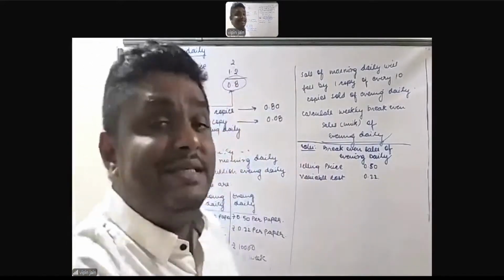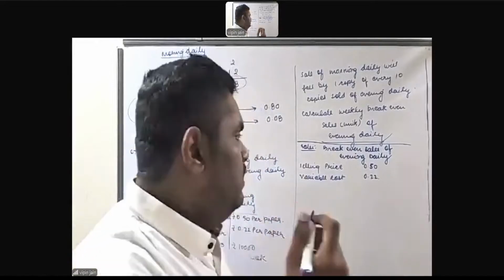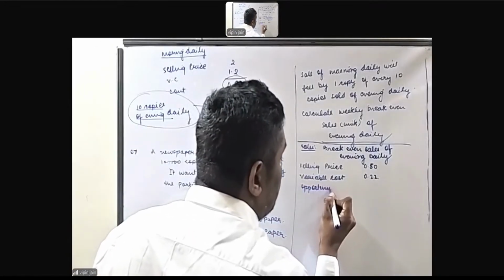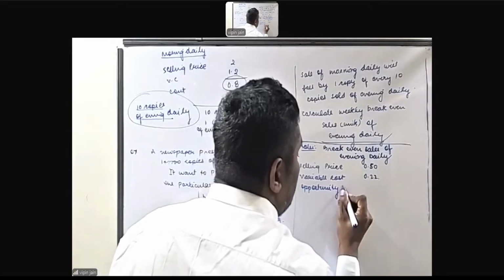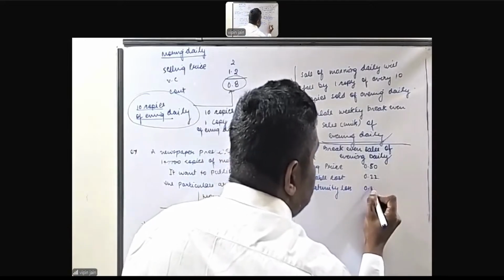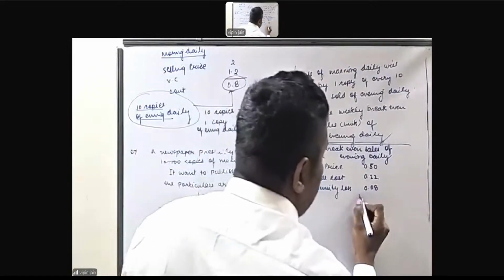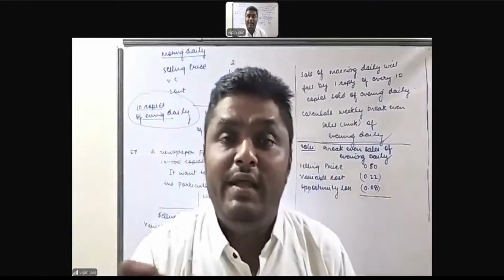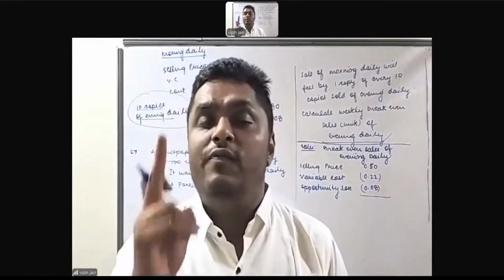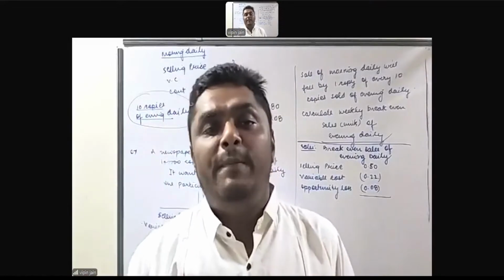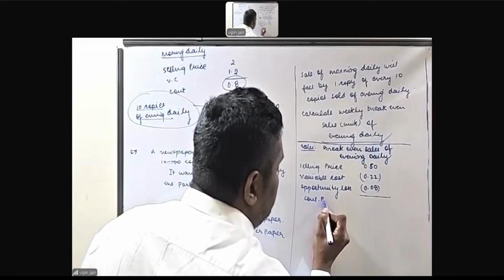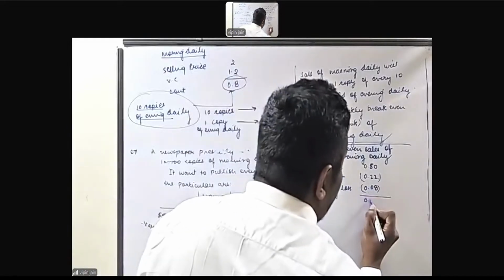So we can call it an opportunity cost or opportunity loss, 0.08. So due to Evening Daily, there will be a loss in Morning Daily also. For every copy, there is a loss of 8 paisa. So now we will get the final contribution per unit, that is 20 paisa.